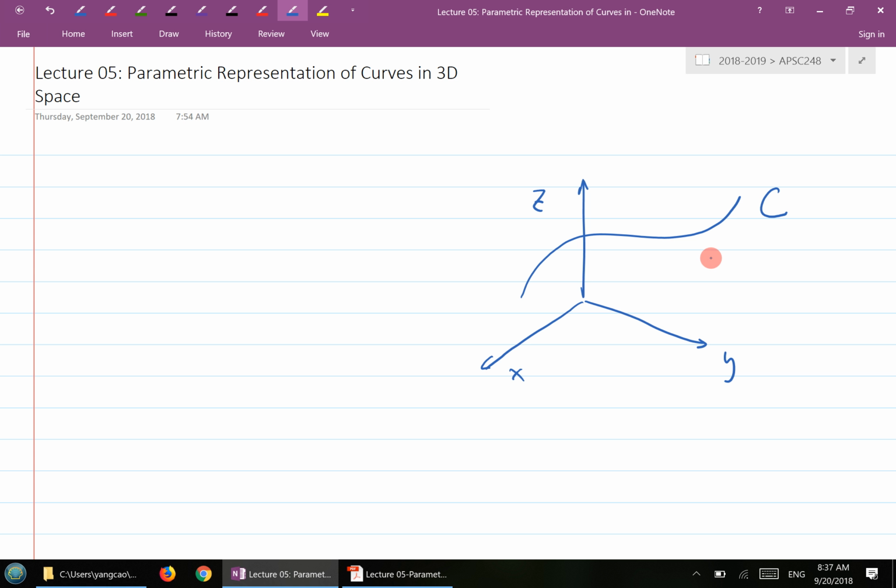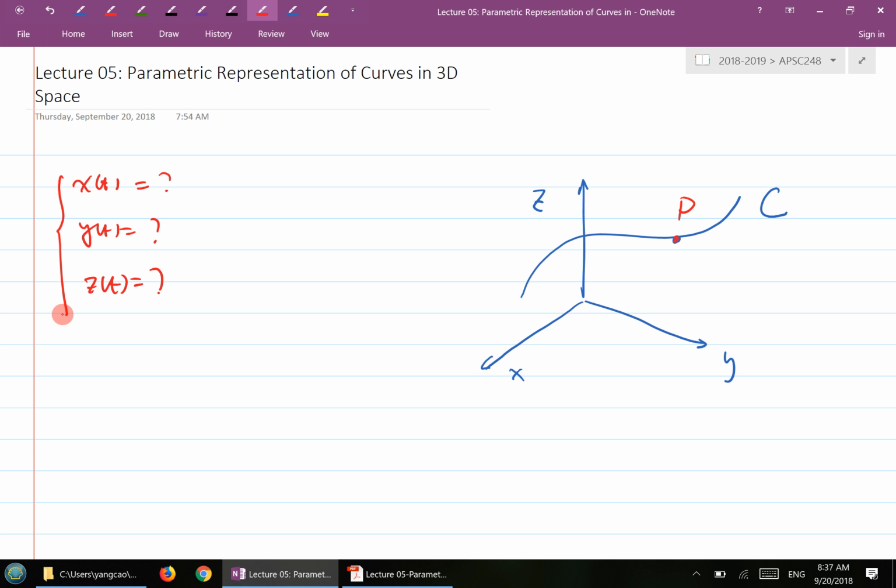Truly, if I think of C as a line, then there's really nothing new here at all, right? Because when we describe a line, we use a set of parametric equations. So for C here, I can literally use the same idea. I can use a parametric equation to represent a curve in 3D. A parametric equation is a set of equations: x of t equal to something, y of t equal to something, and z of t equal to something.